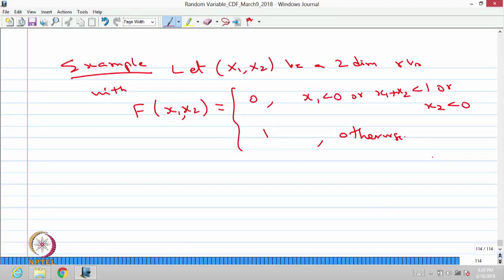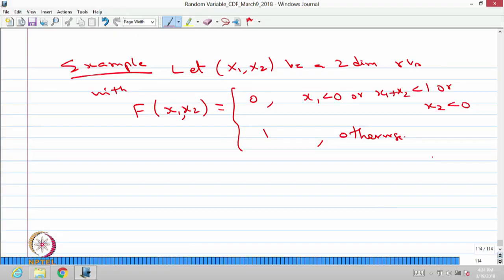The function is non-decreasing as well as continuous from the right. Similarly, you can easily verify that the limit as x1 tends to plus infinity and x2 tends to plus infinity is 1, and if either x1 is minus infinity or x2 is minus infinity, the limit is going to be 0. That also can be easily verified.